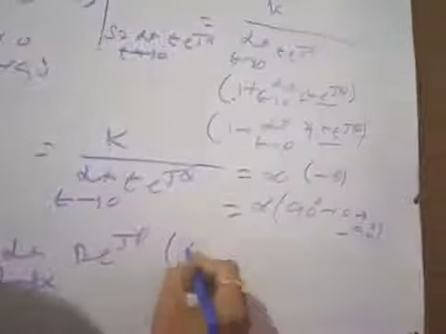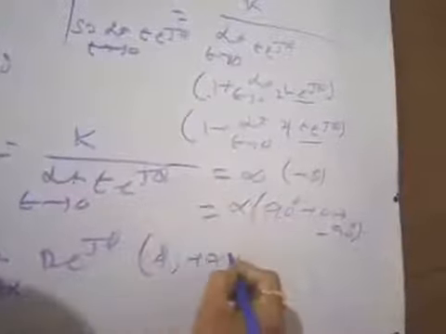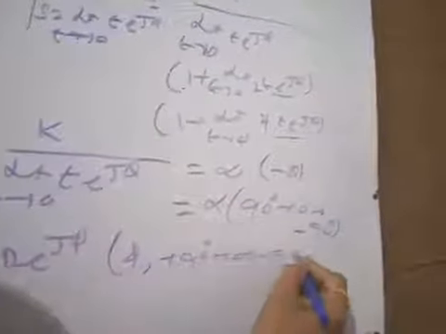Analysis is complete. Now put the value of s equal to limit r tends to infinity r e to the power j phi, where phi varies from plus 90 degree to 0 to minus 90 degree. Now put this value in the transfer function.